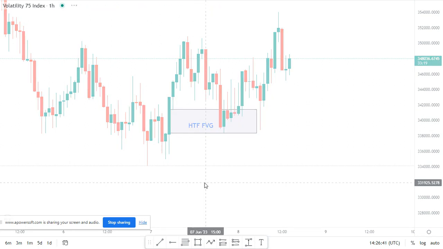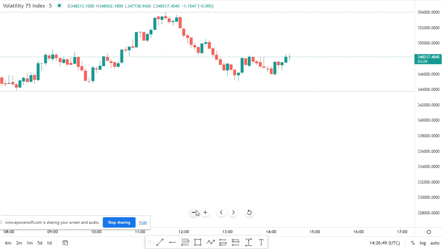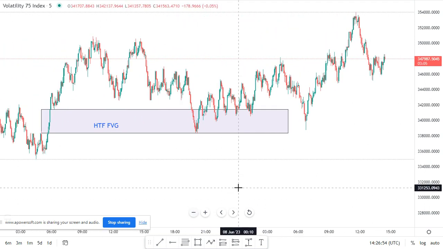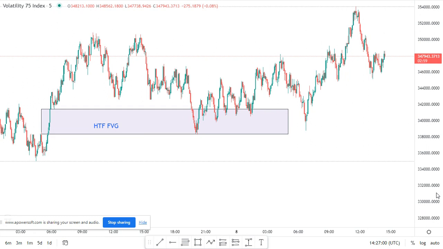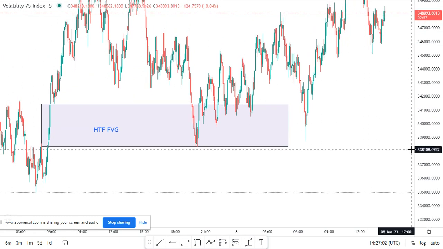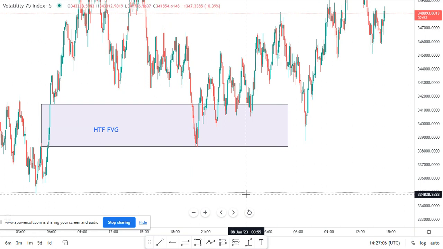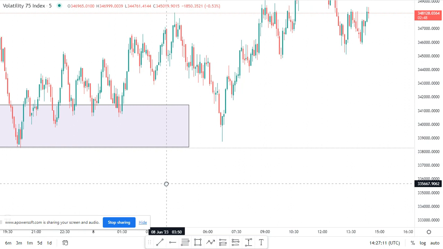Let's see what is happening on M5, and whether we can get an entry here, using our previous pattern.